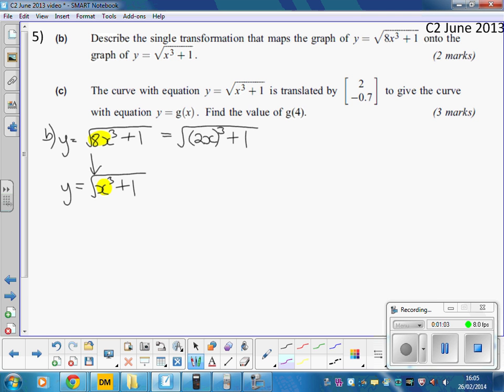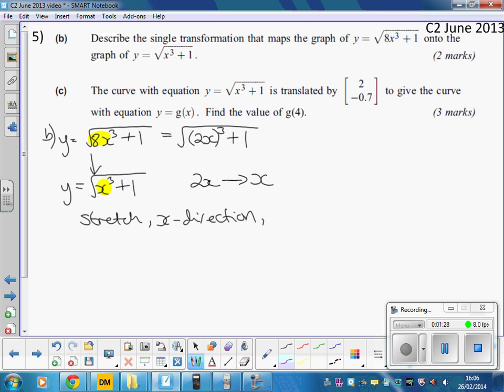This now lets us see what's happened to x. Well, x has gone from 2x to being just an x. If it involves multiplying by a number, we know that's a stretch. If it's a stretch and the x has changed, then we know that's in the x direction, or parallel to the x-axis.